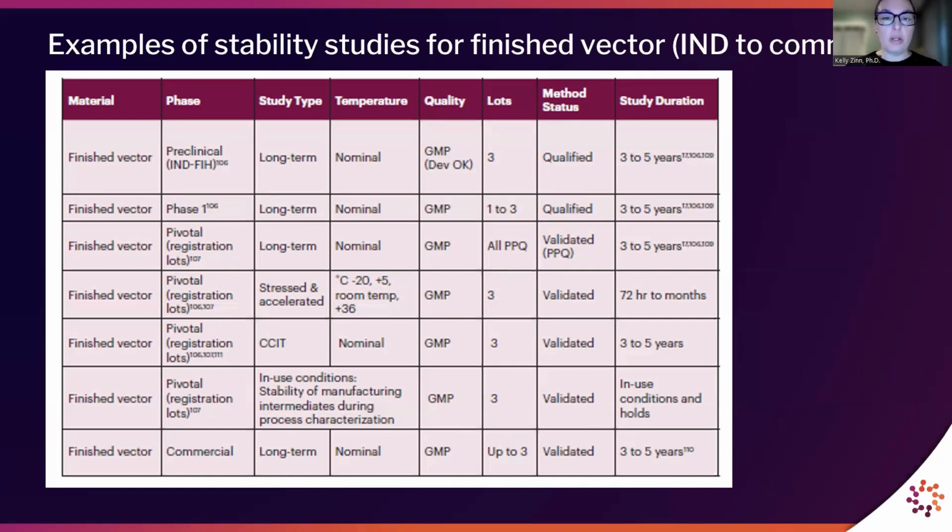And then over the clinical development phase of the drug product, additional stability evaluation is required, even for the lentiviral vector as a drug substance. And that includes stressed and accelerated stability studies and container closure integrity stability evaluation.